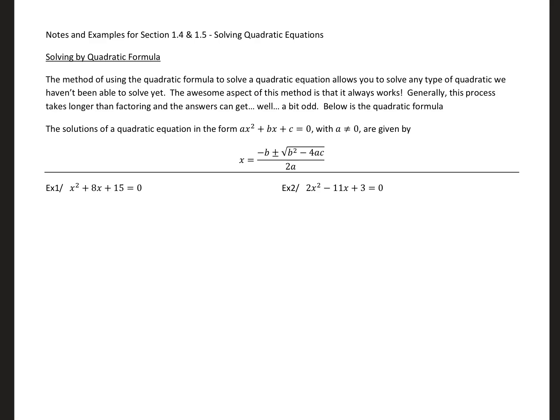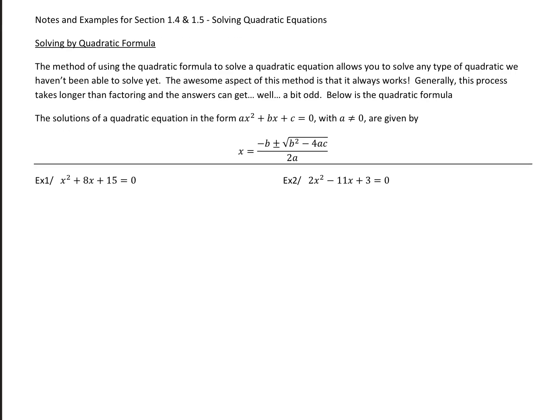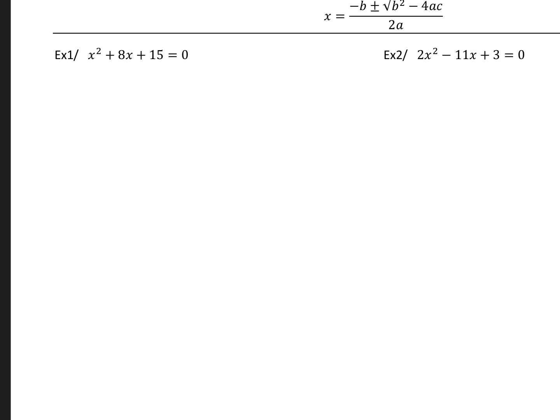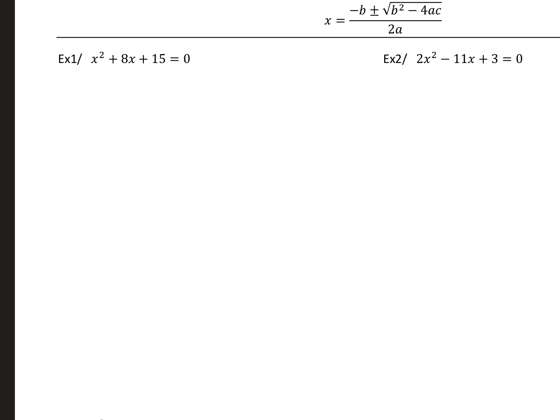Okay, to zoom in on this first example, we have x squared plus 8x plus 15. Since it is already in standard form and equal to 0, you'll find your a, b, and c. From there, we can start plugging everything into the quadratic formula.